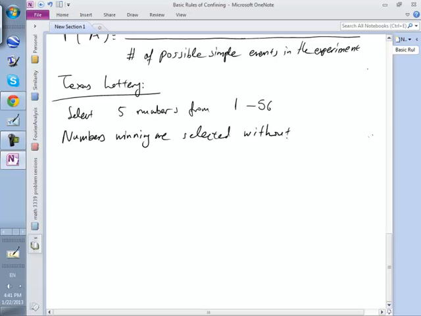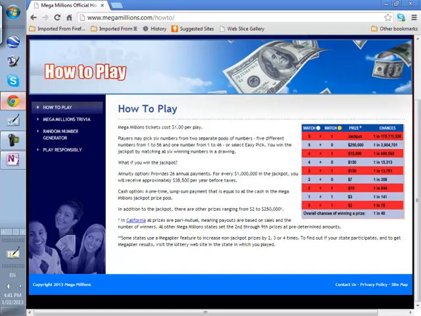Then you select the numbers from 1 through 56. Do you select the same numbers? Well, let's look at the lottery, how to play. 5 different numbers.